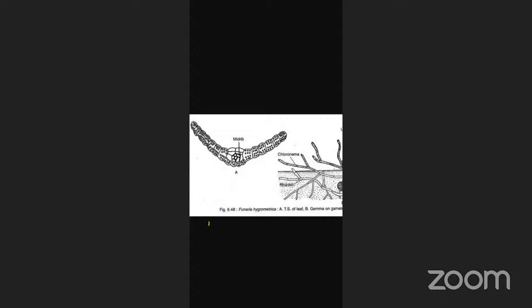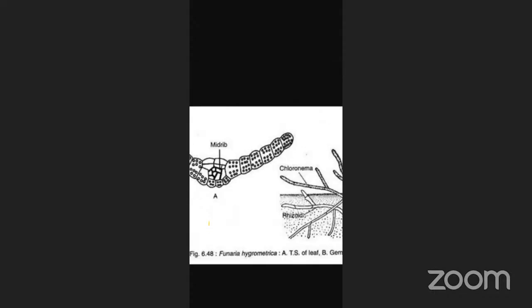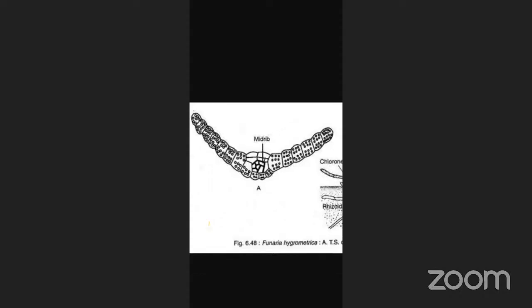The central strand is present. These two wings form structures like this in the transverse section of the leaf. Centrally, the midrib is present, and it mainly functions as a conductive tissue.